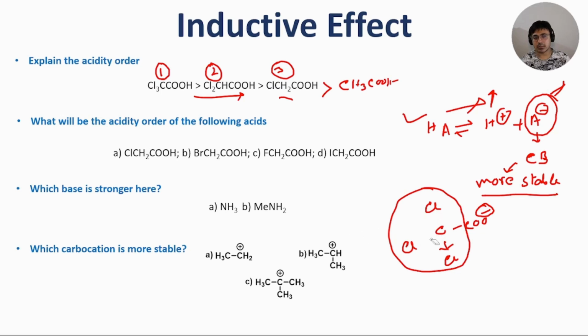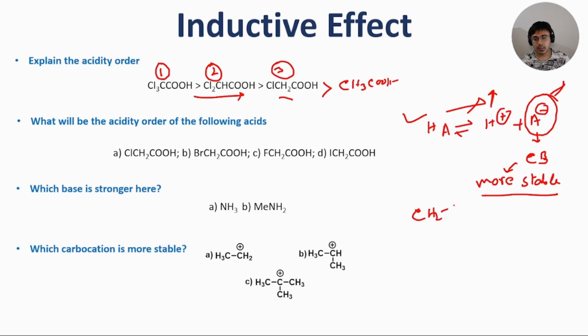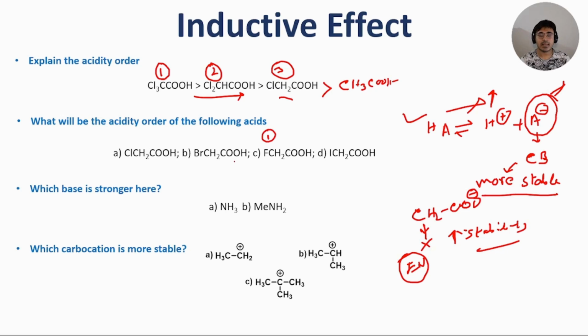Same concept you can apply in case of the second question where the conjugate base is COO minus, the alpha halo conjugate base. Now the more electronegative the halogen atom, the more the minus I effect will be there, and the more the minus I effect, the more the stability will be, right? In electronegativity, fluorine has the highest, then chlorine, then bromine, and then iodine.